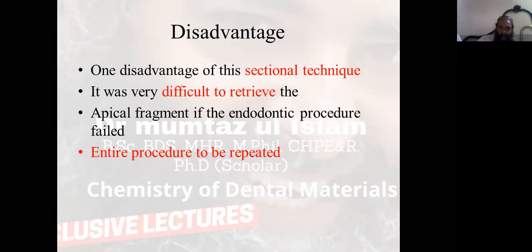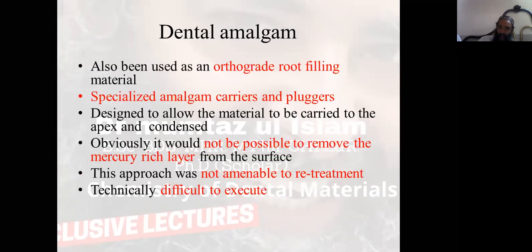One disadvantage of this sectional technique was that it was very difficult to retrieve the apical fragment. If the endodontic procedure failed, the entire procedure had to be repeated, with the difficulty of retrieving that piece of silver cone. Now, dental amalgam has also been used as an orthograde root filling material.